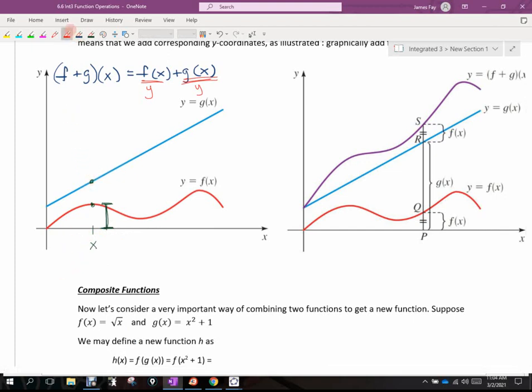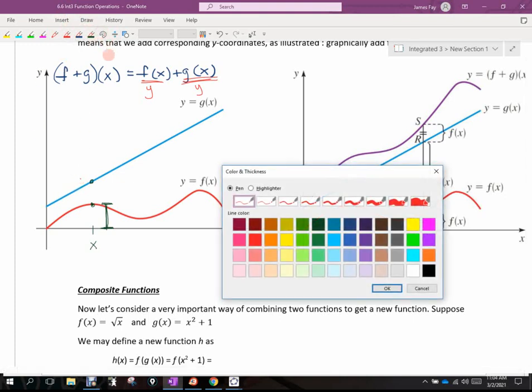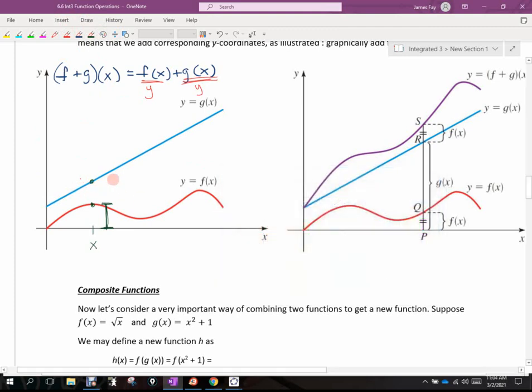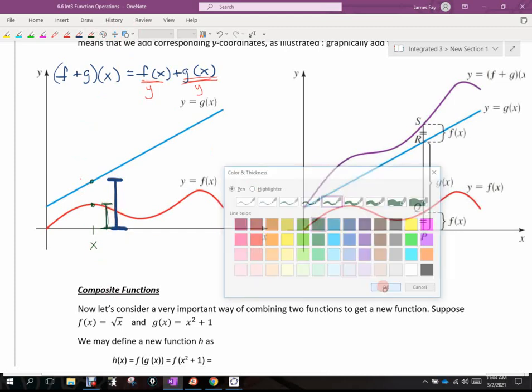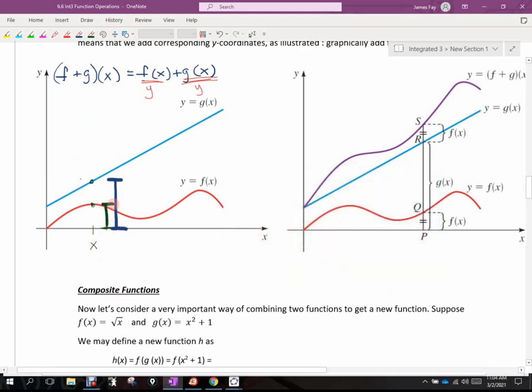That is going to establish, I'll do it in blue here, that length right there. So we've got this green length, which is this y value, and we've got this blue length, which is that y value.